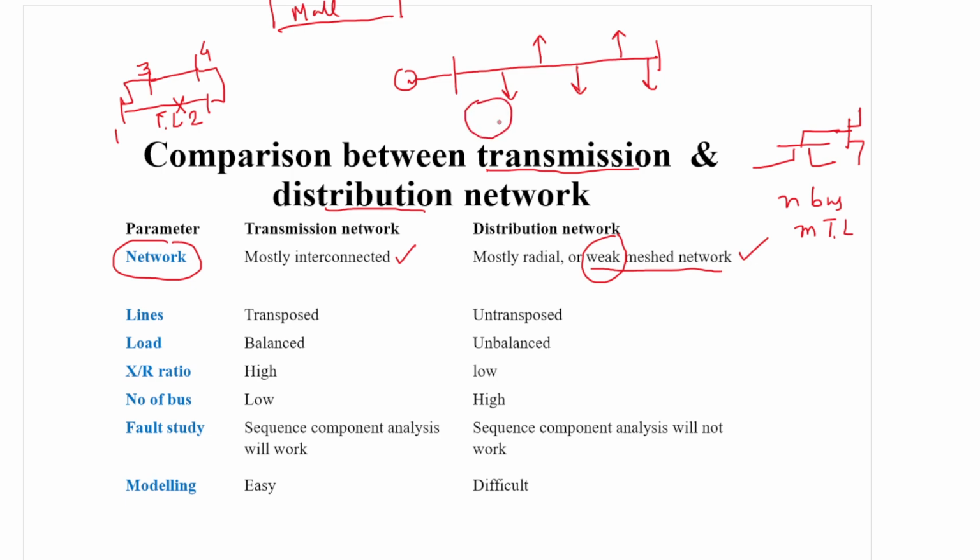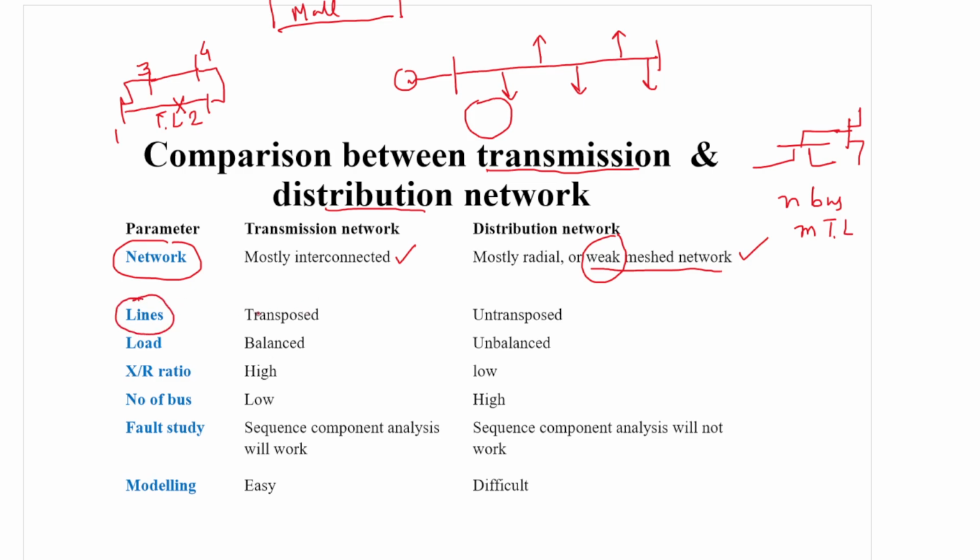Okay, so that is why it is called a weakly meshed system, or it is mostly radial. On the other hand, if you find out the transmission network, it is highly interconnected.